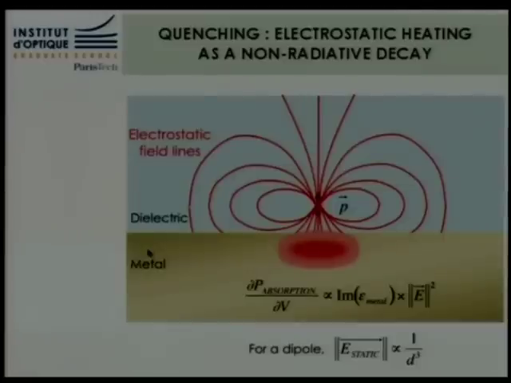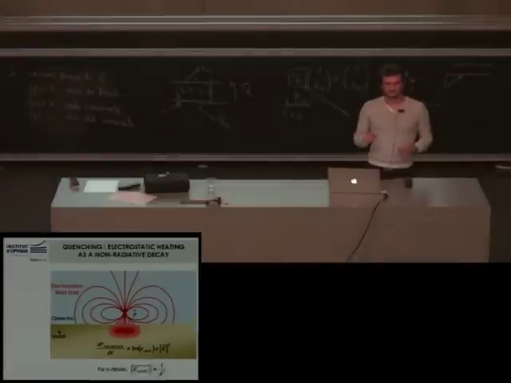So because of this spatial dependence of the electrostatic field, quenching is only dominant for dipoles close enough to the metal interface, like 5 nanometers away from the dipole.